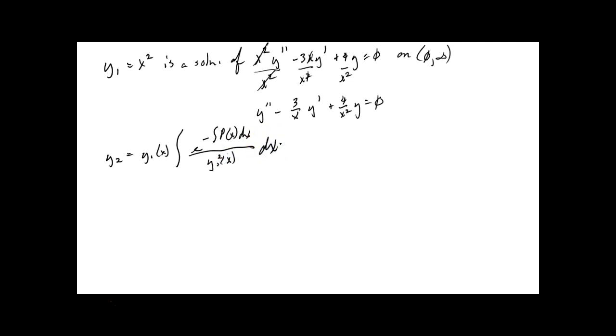All right. Now, once you get it in standard form, this is odd. So let's identify things. What is your p of x? This right here. P of x is equal to minus 3 over x.